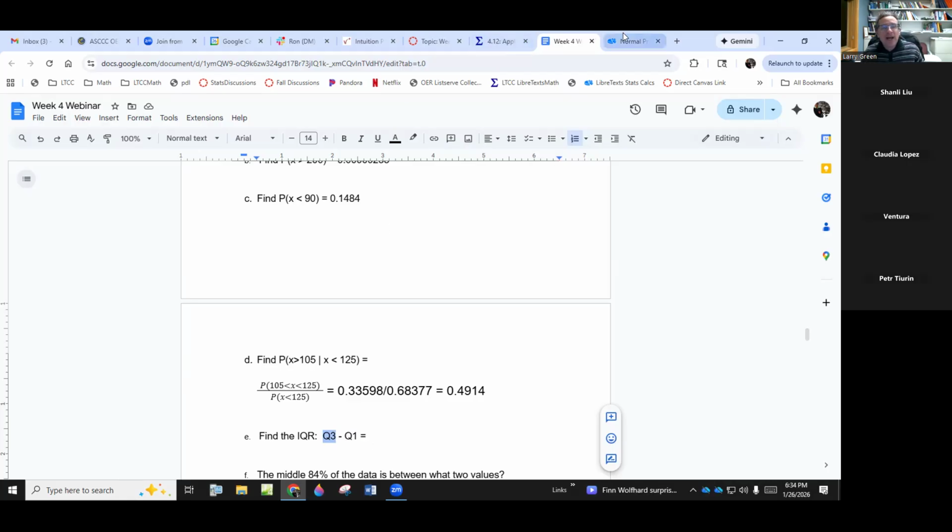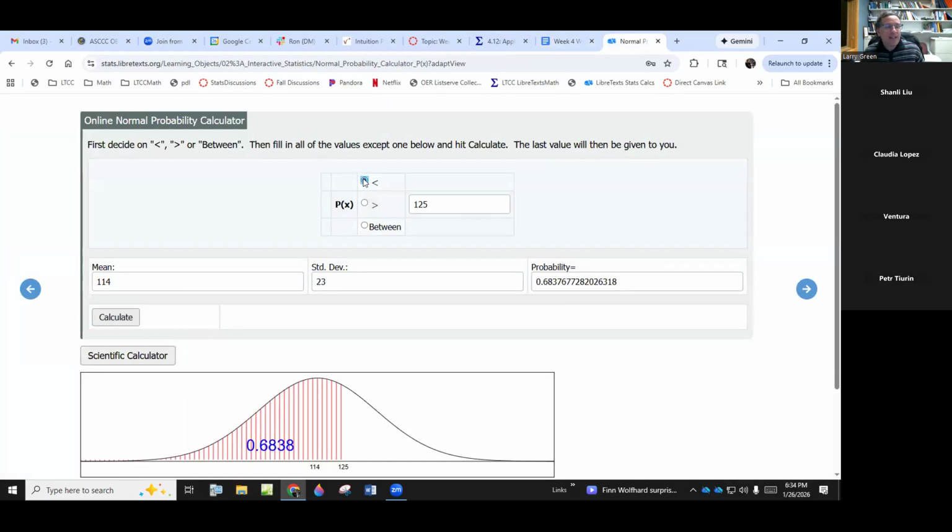So what I can do now is I have a less than, the probability is 0.75. What we don't know is the value. That's this 125. So I leave that one blank this time because that's what we want to find out. Any questions on leaving that blank? Okay, then I hit calculate. And when I do that, I get 129.51 or so.